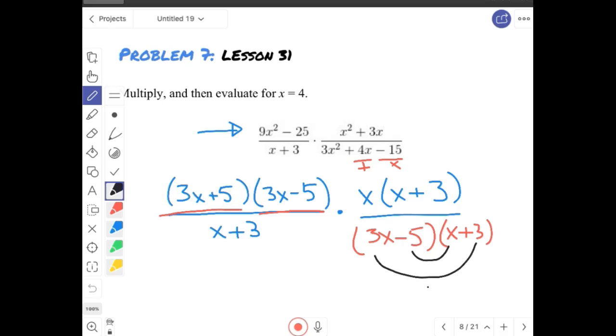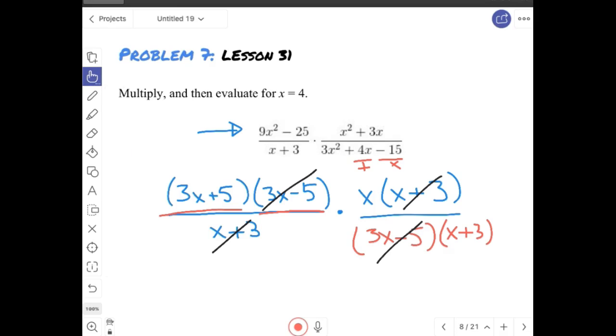That's going to be 9x, that's going to be negative 5x, and that will give us that 4x. So that's the right combination right there. If that didn't work, I would have just tried the other term, and then if that didn't work, I would try to figure something else out. Like I said, we have everything factored down as much as possible. So at this point, we can start canceling things out.